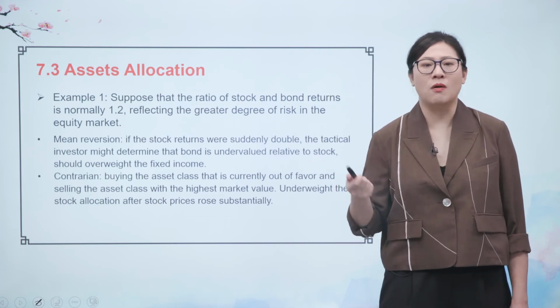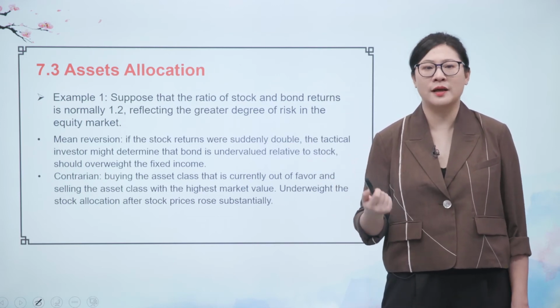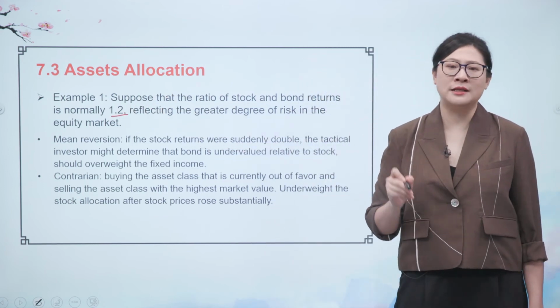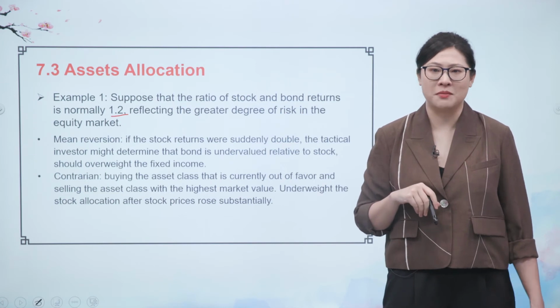Suppose the ratio of stock to bond return is normally 1.2. This reflects the greater degree of risk in the equity market.